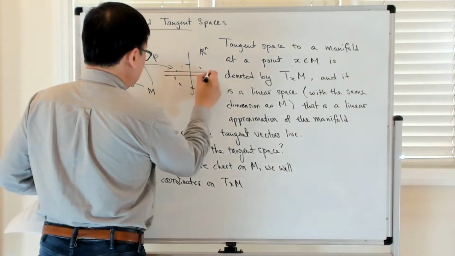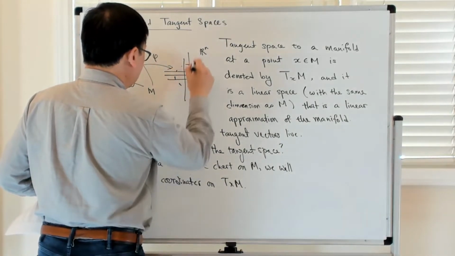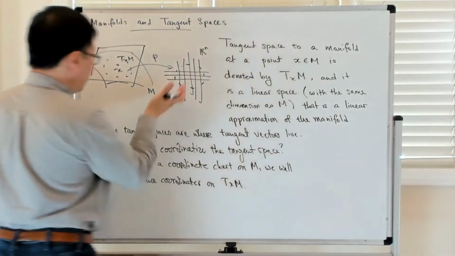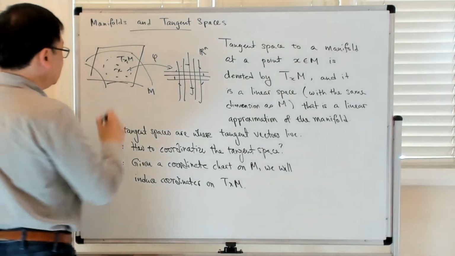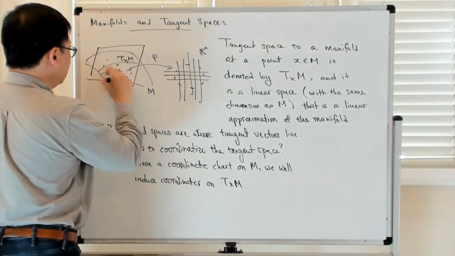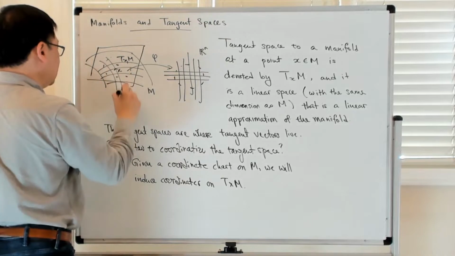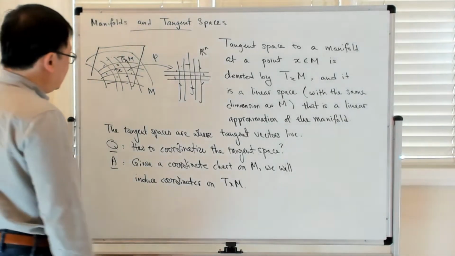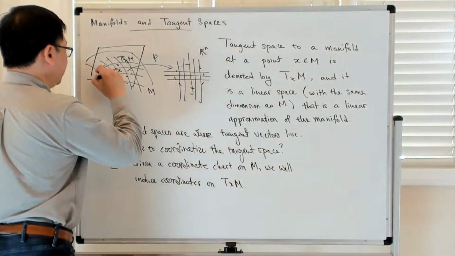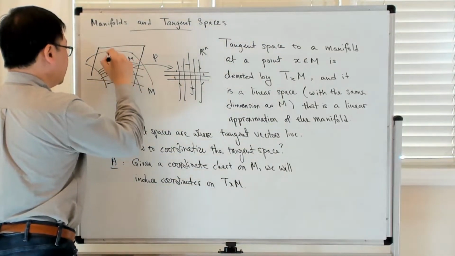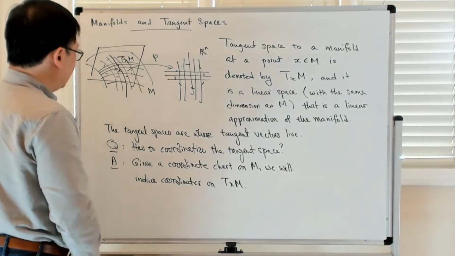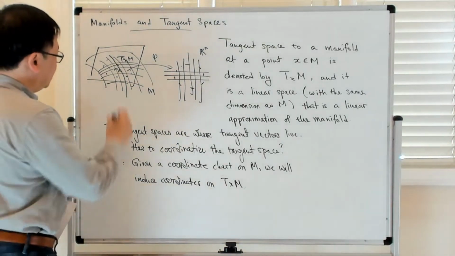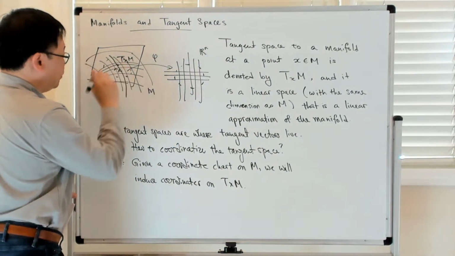And you can look at the coordinate lines in Rn, and you can pull them back to the manifold, which gives you coordinate lines on the manifold. Okay. So once you have that, in particular, you can have coordinate lines which go to the point X on the manifold, and now you have a curve, right?